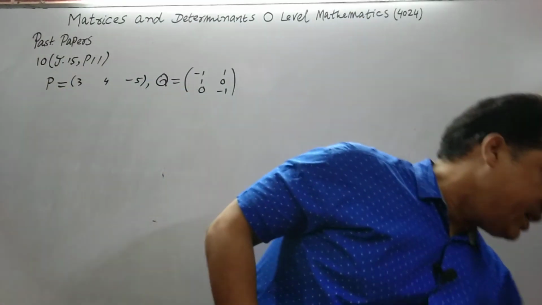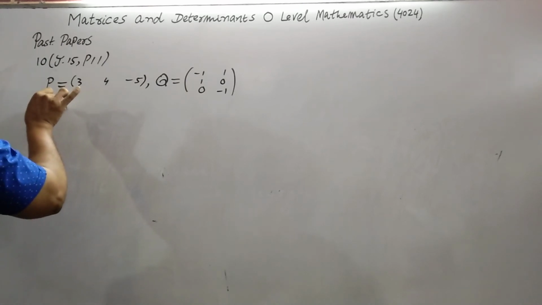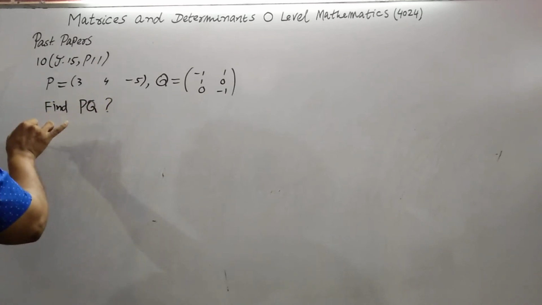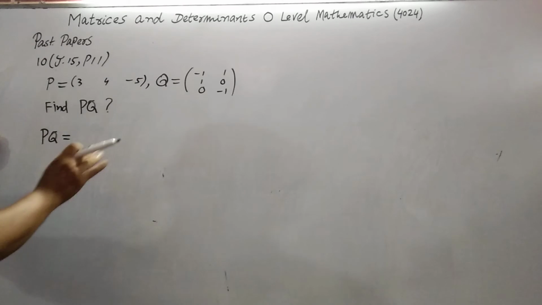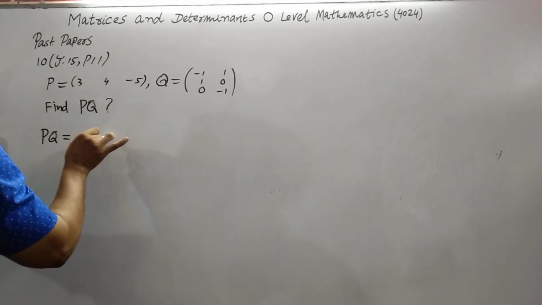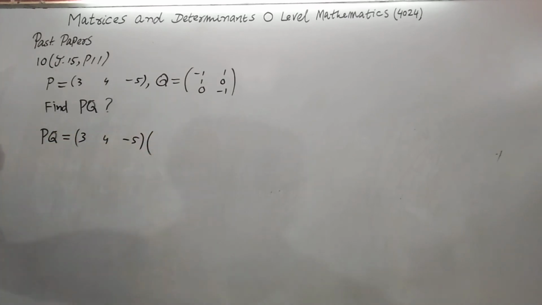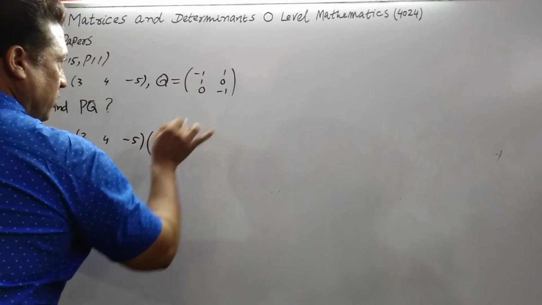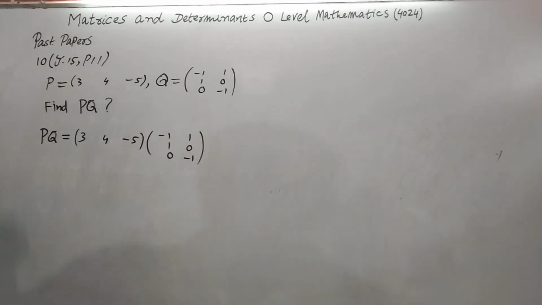And the question is, find P multiply by Q. Very easy. P multiply by Q means first write P. What is P? 3, 4, minus 5. Multiply by Q. Q is minus 1, 1, 0, 1, 0, minus 1.